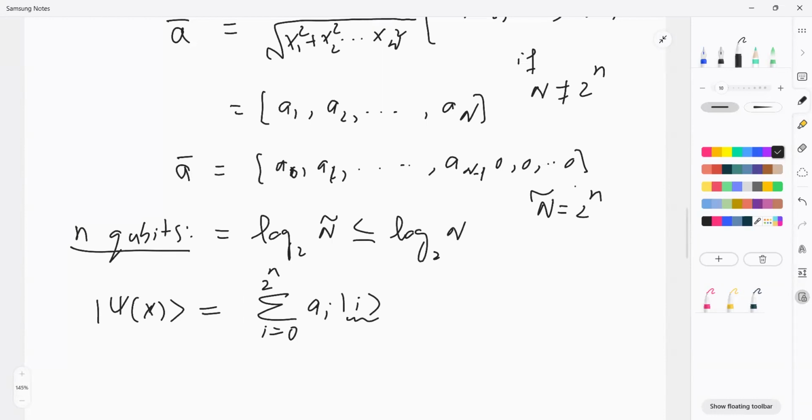So by preparing this superposition state with amplitudes proportional to our data points, we can prepare an amplitude encoded quantum state that is a function of the data vector x.